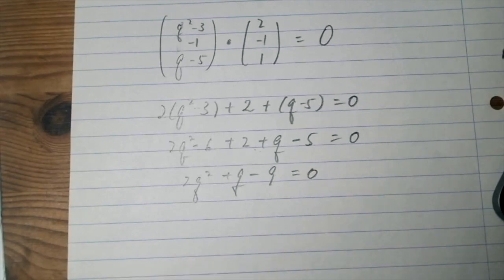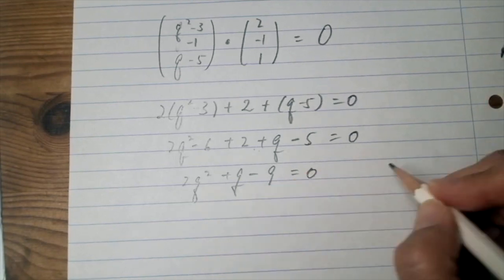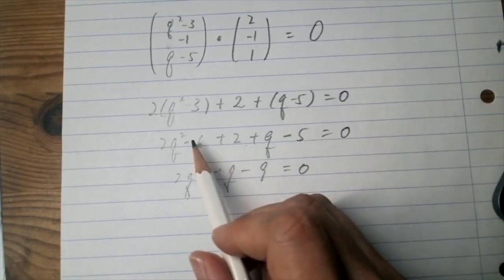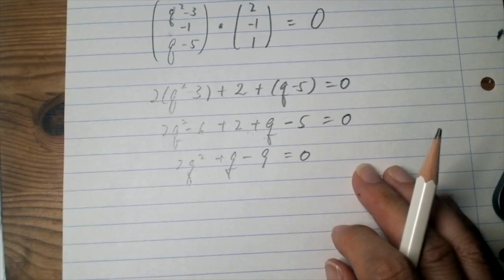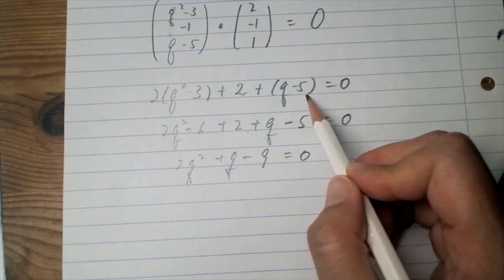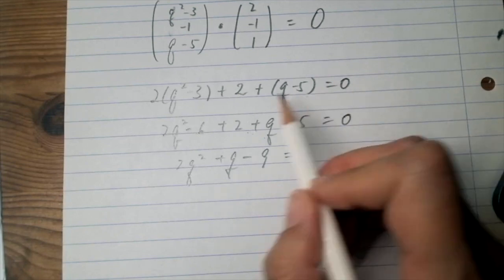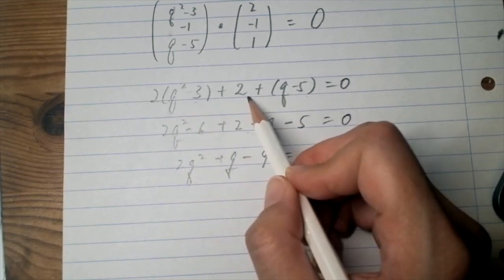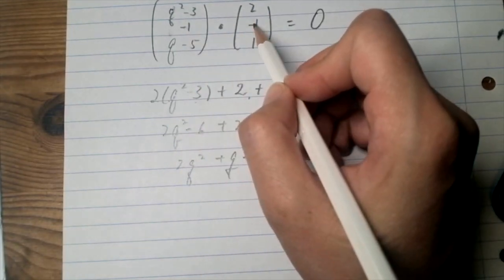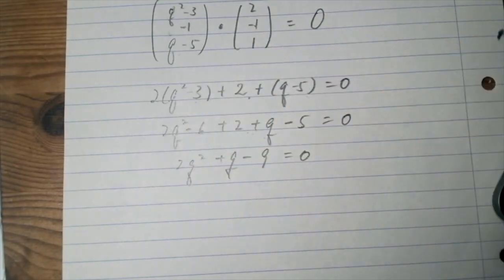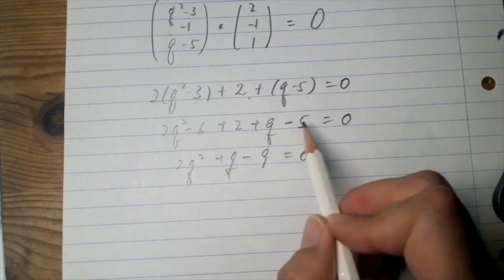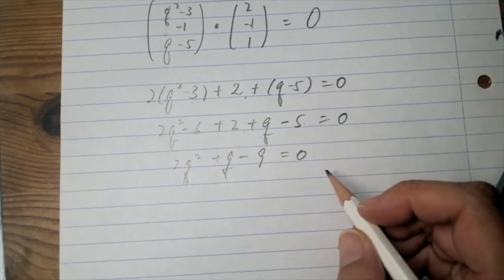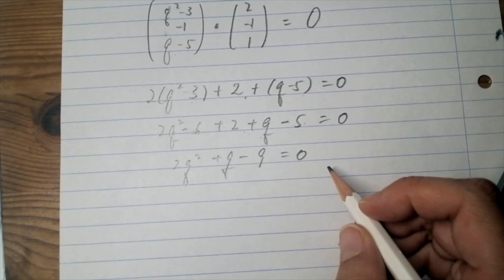Now I need to have my quadratic equation, or if you use the cross method. Is it 2? Plus, yes. So I will have... no, something wrong there.